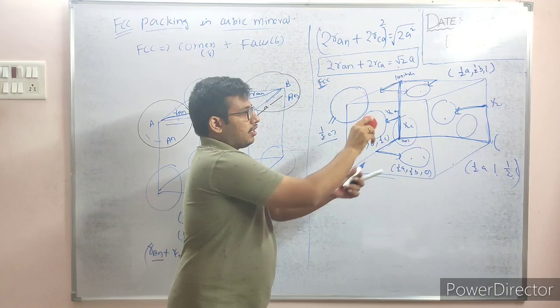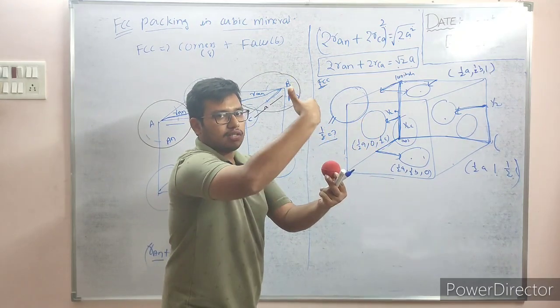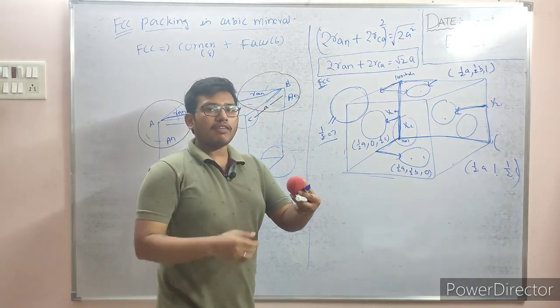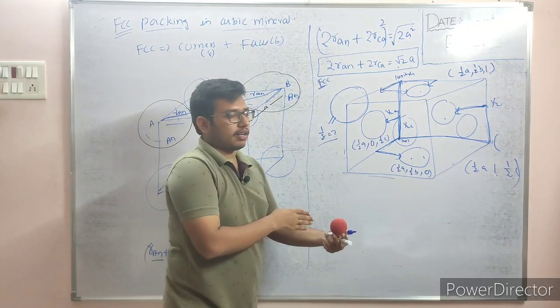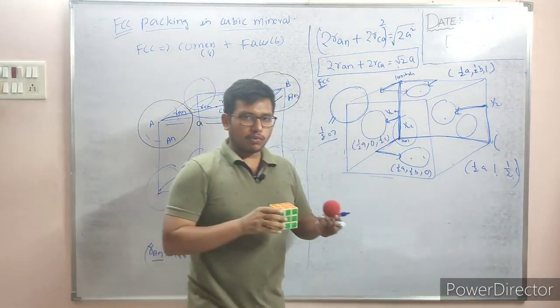Now if you cut this into half, or you can cut like this, why are we cutting? Because it is a cubic mineral. Suppose this is the cubic mineral and the atom is present here. It will be cut along this axis, along this axis, and along this axis. Understand?